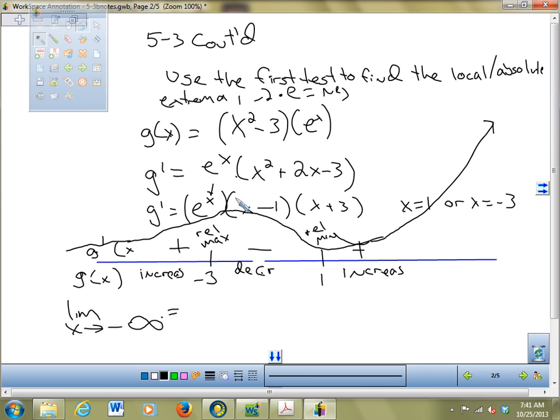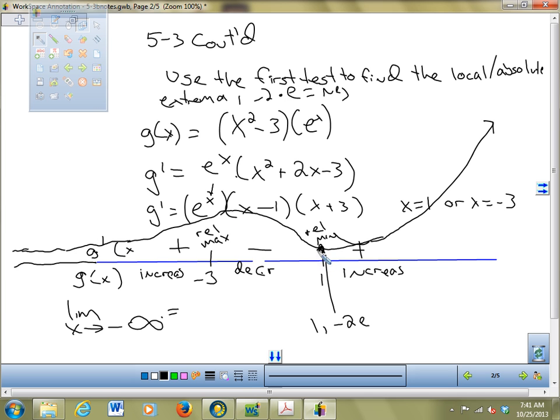So this function has an asymptote at 0. And so if this point is at 1 comma negative 2e, that's what that point is right there, and it never goes below 0.